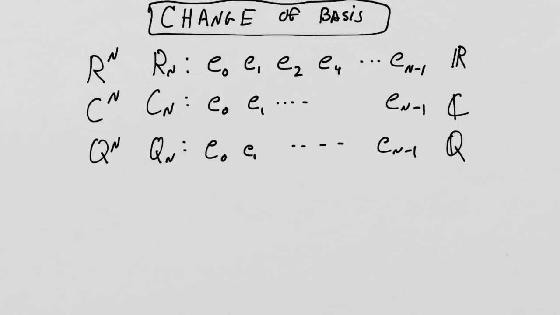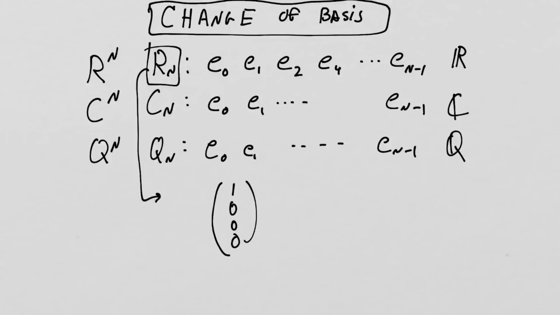It's pretty easy to understand in terms of real numbers, because I could create an obvious realization of this vector space. It's a vector space, right? And I could create the realization 1, 0, 0, 0. Let's do it for 4 dimensions.